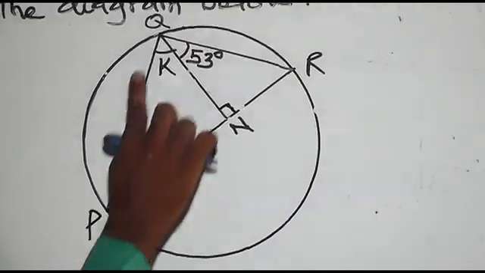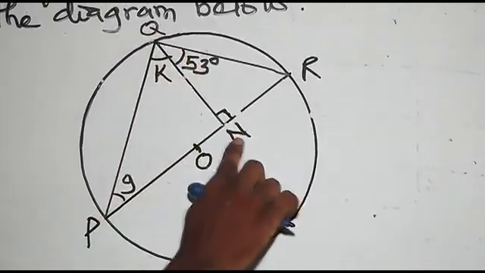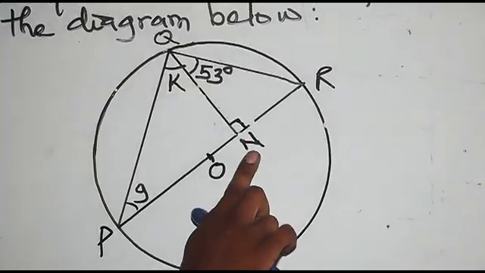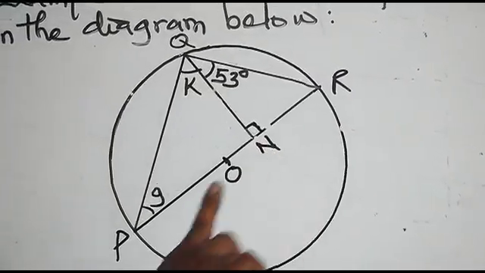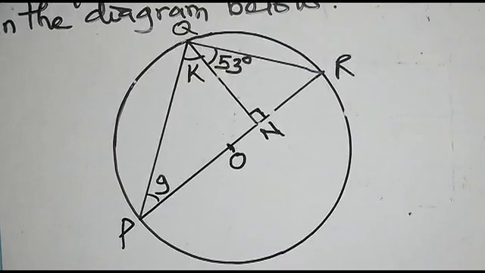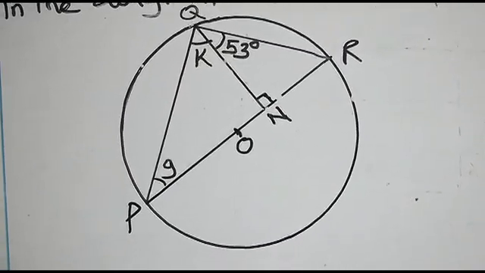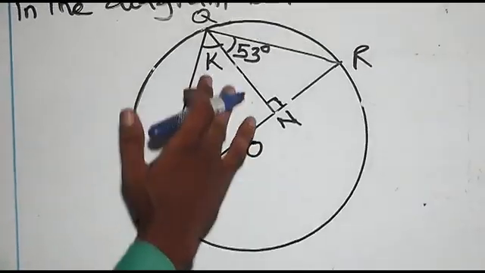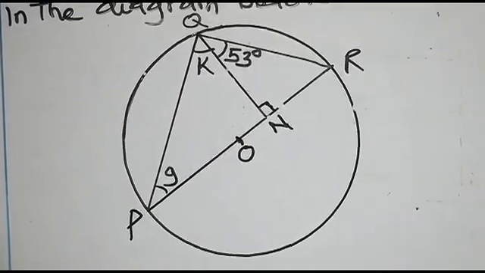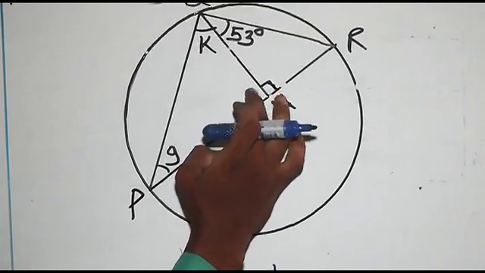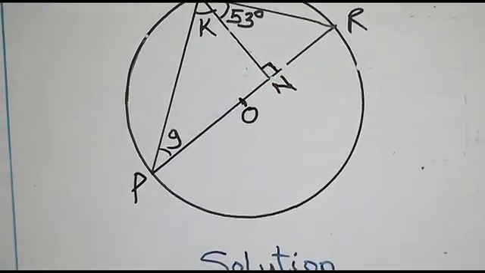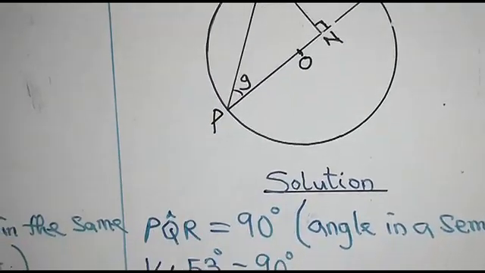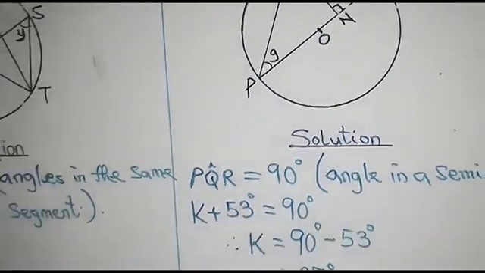Triangle PQN is a right angle triangle at N. So you have the value of K to be 37 degrees. The value of the angle N is what? 90 degrees. So it is easy to find the value of G.